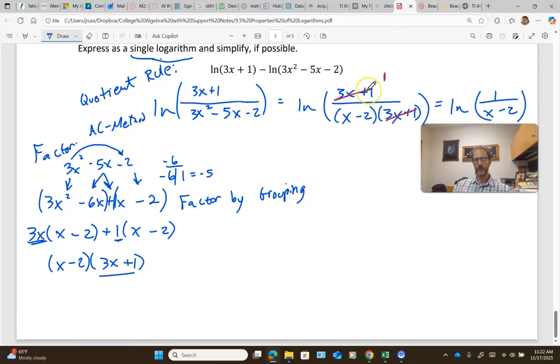Interestingly, if you recall our study of rational functions, because we divide out this binomial here, I'm thinking about what its domain would be. The rational function here, the domain would have 2 restrictions.